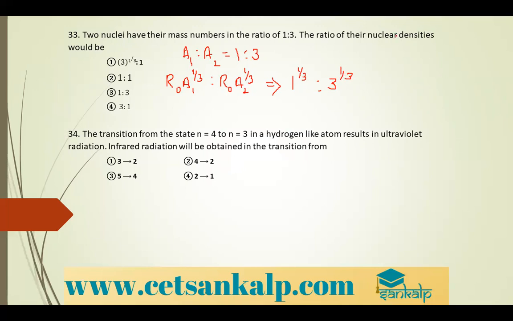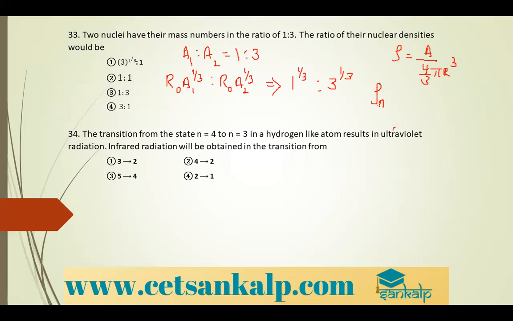Now you know that rho is equal to A divided by 4/3 pi r cube.